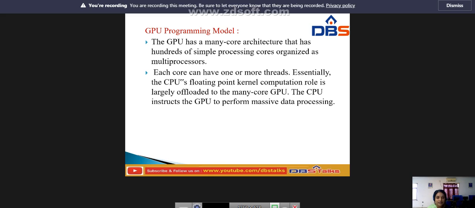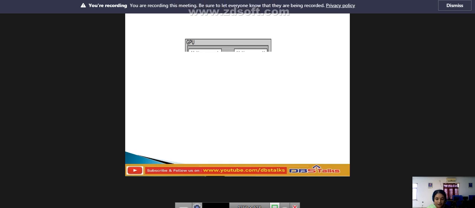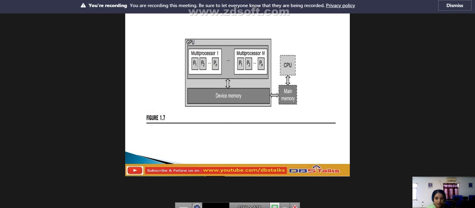Each core has one or more threads. The CPU instructs the GPU to perform massive data processing. The bandwidth must be matched between the onboard main memory and the on-chip GPU memory. This is the diagram of a GPU. In this GPU I have multiprocessors grouped in one GPU, and this is connected with the device memory and main memory.